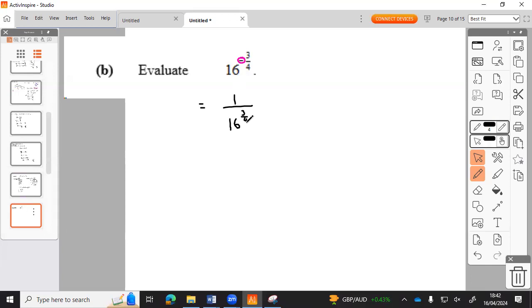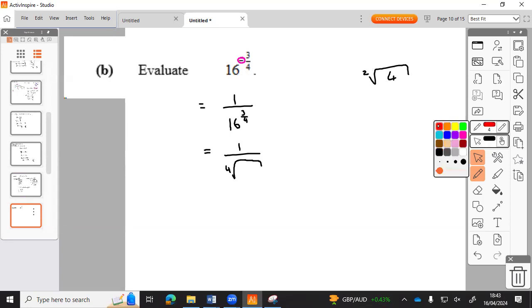There's a fraction. And now I can rewrite this. Okay, 1 over, and the 4 is the root term. What I mean by that is, if we root that, then we're putting a wee 4 there. Now remember, a standard root, we don't write it, but there should be a wee 2 there.